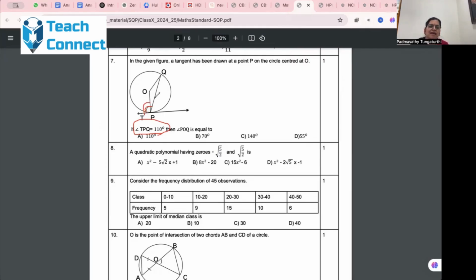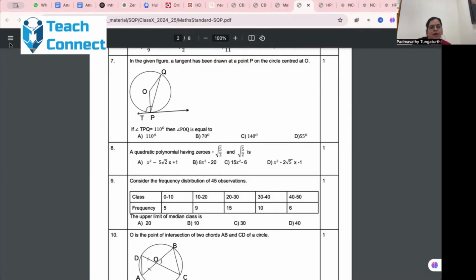When this angle is 90 degrees, this small angle will be 20 degrees because 90 plus 20 is 110 degrees. If this is 20, this is also 20 degrees. The secret here lies in knowing that the tangent and the radius of the same circle are perpendicular to each other.